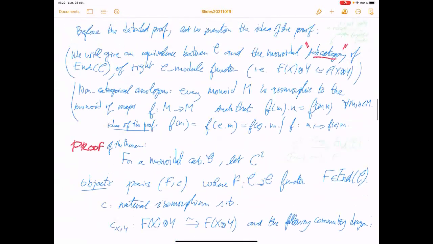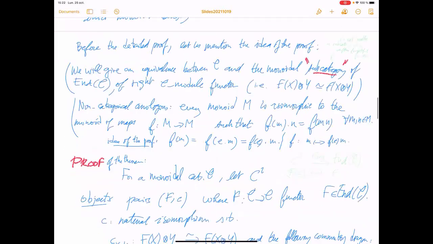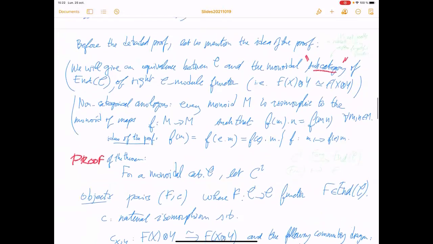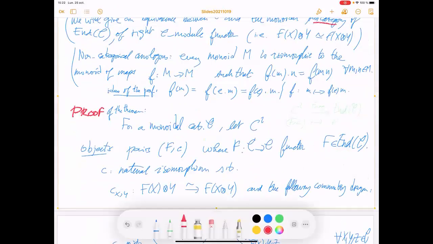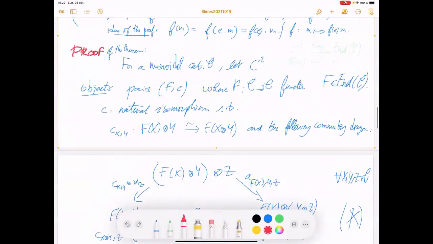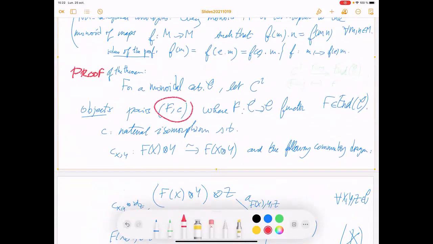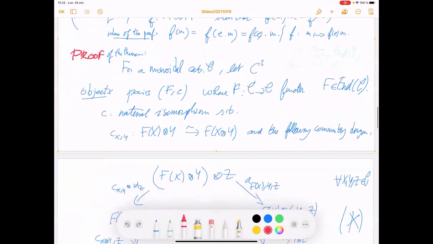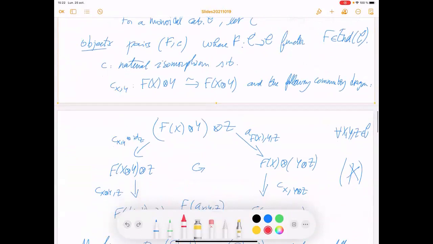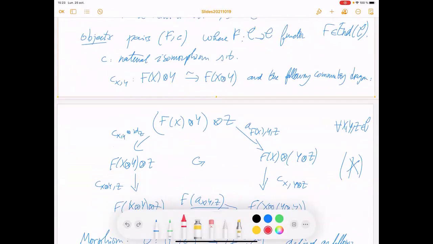The way is to make a new category. We start from a monoidal category C, and we make a new category C prime. This category is made of pairs (F, c), where F is an endofunctor, and c is a natural isomorphism which deals with the multiplication on the right.